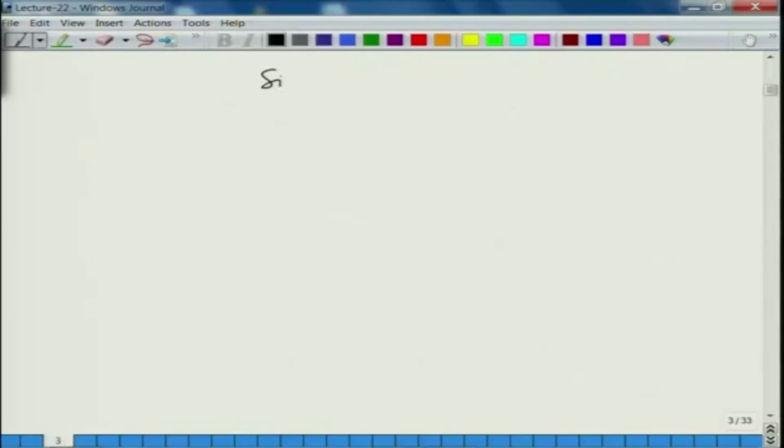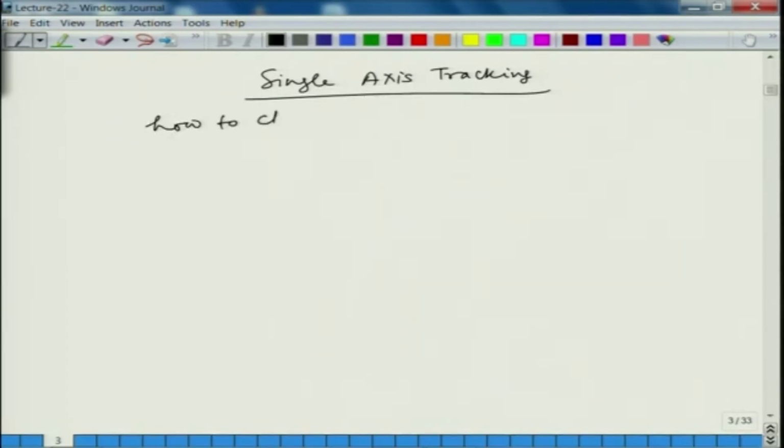That is the idea, an in between compromise. But now you can choose different possible orientations of that tracking and the motion. So, when we have this single axis tracking, the first question is how to choose the orientation of the axis.